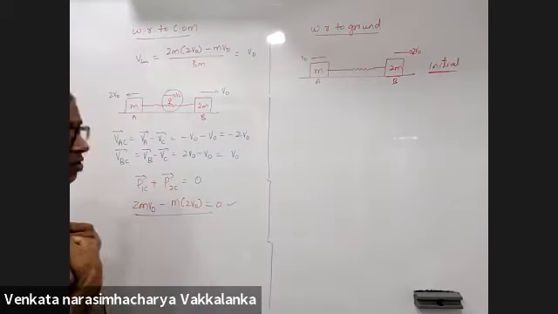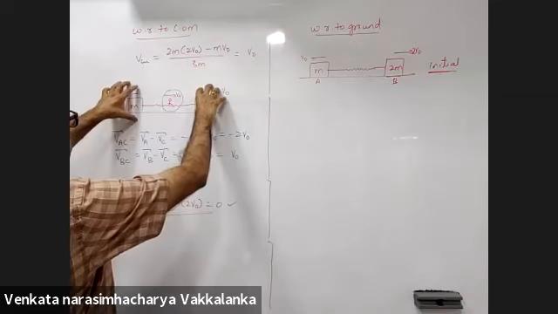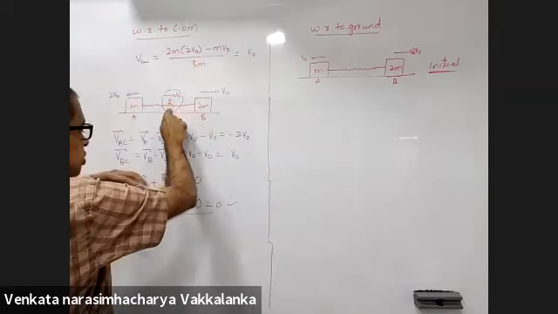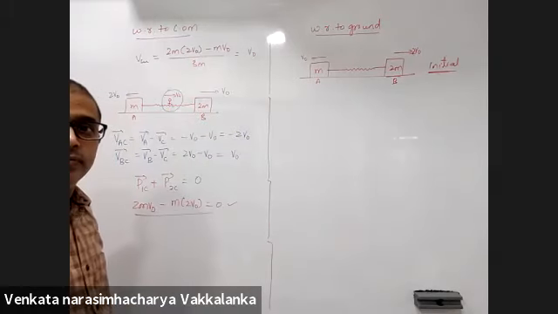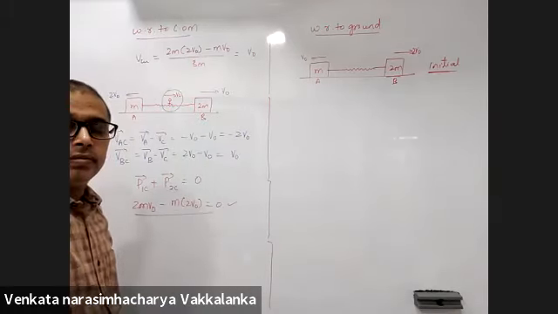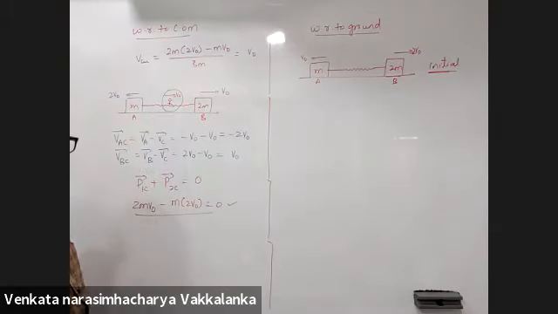Confirming what I have done: 2m into v0, m into 2v0. Both momentums should be equal with respect to the center of mass, opposite in direction. So this is the initial stage. Take it down till here. I'll go to case 1.